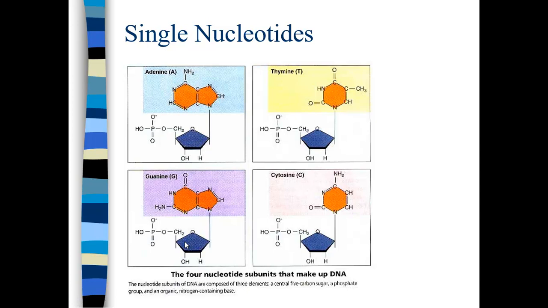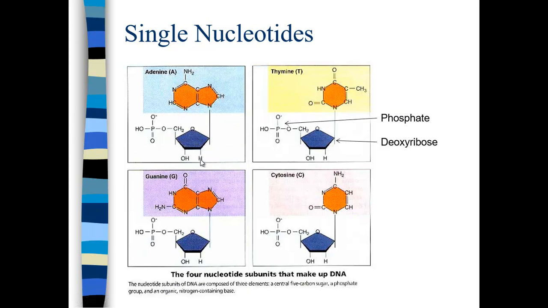There are 4 types of DNA nucleotides: adenine, thymine, guanine, and cytosine. Each nucleotide is made of a nitrogenous base, a sugar, and a phosphate group. This sugar is called deoxyribose because it's missing an oxygen from this carbon here.